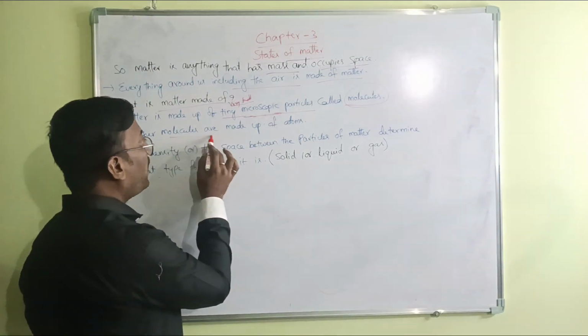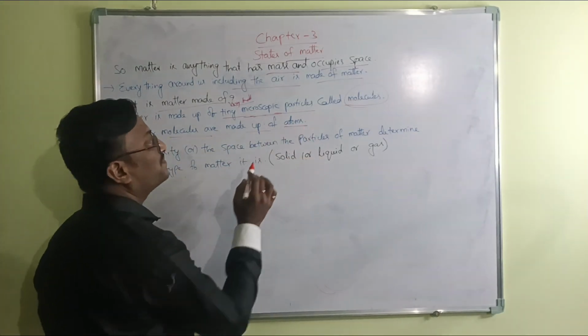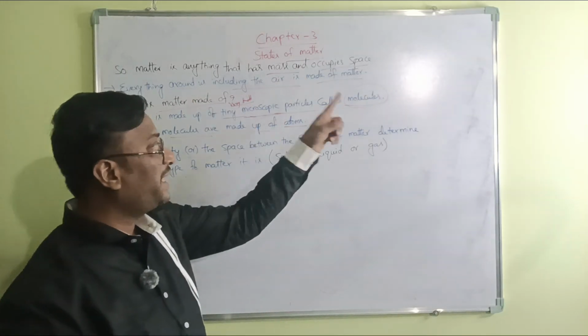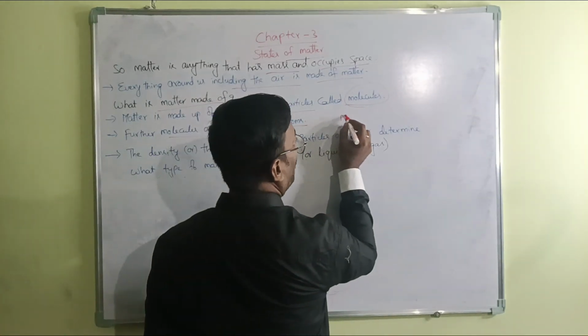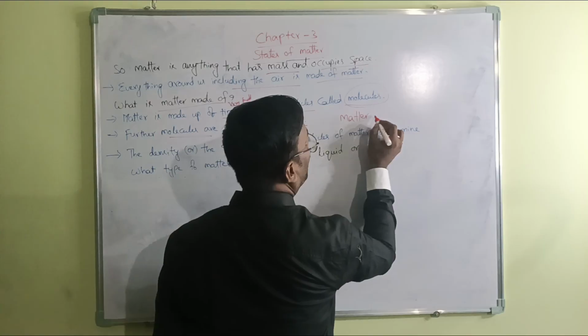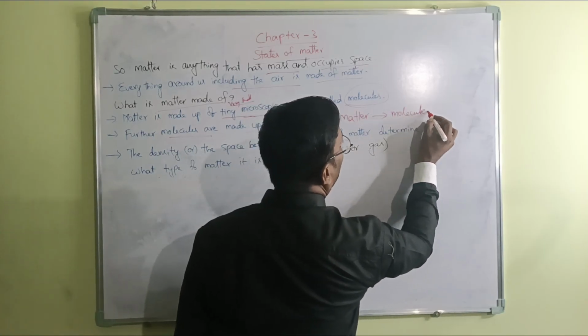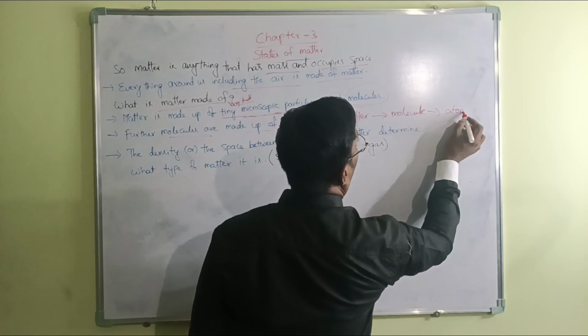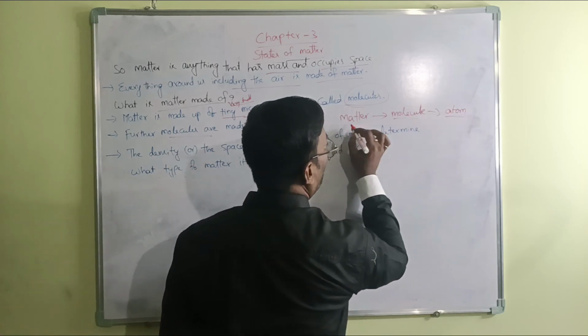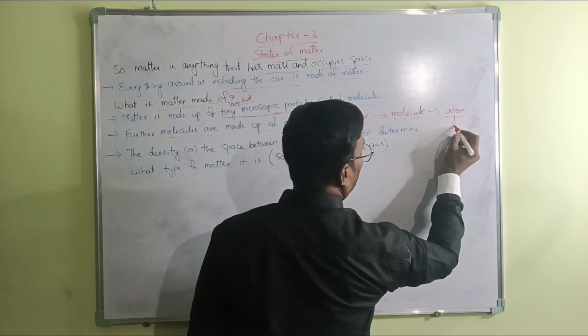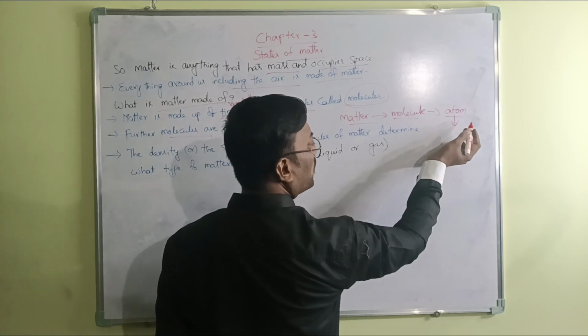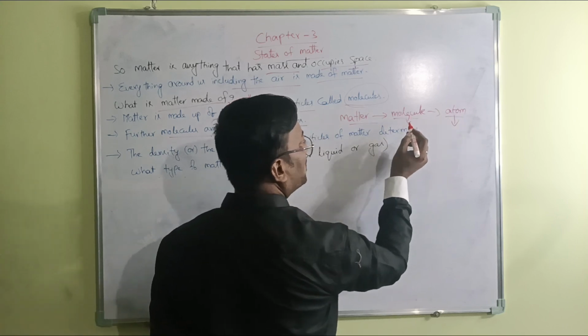Further, these molecules are made of atoms. So matter comes from molecules and molecules come from atoms. Which is the smallest one now? Atom is the smallest one and atoms combine together to form a molecule.